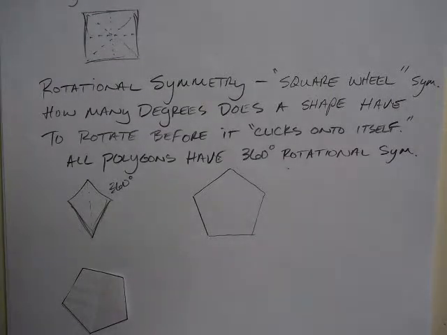You have an answer for me? I think it's 72 degrees. You think it's 72? How did you come up with that? 360 divided by 5 because it has 5 sides. You got it. That is exactly how you calculate that.